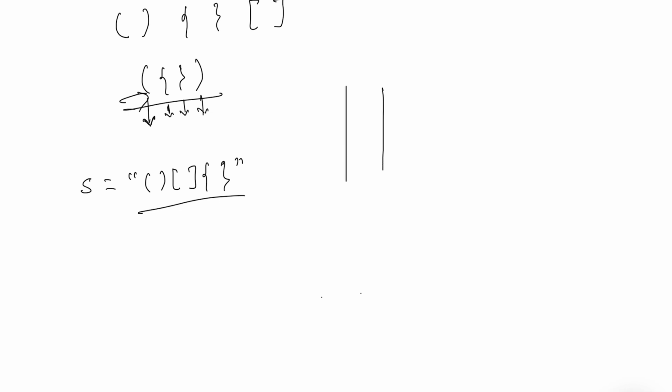What is the rule of a stack? Last input, first output, LIFO. So whichever will be input the last element, that will be output first element. That means whoever will go inside last will come outside first.